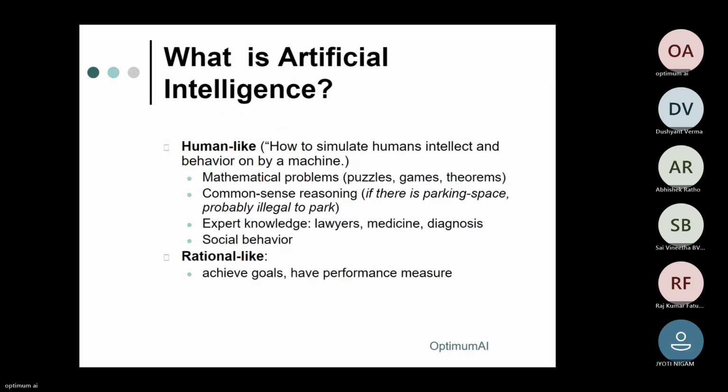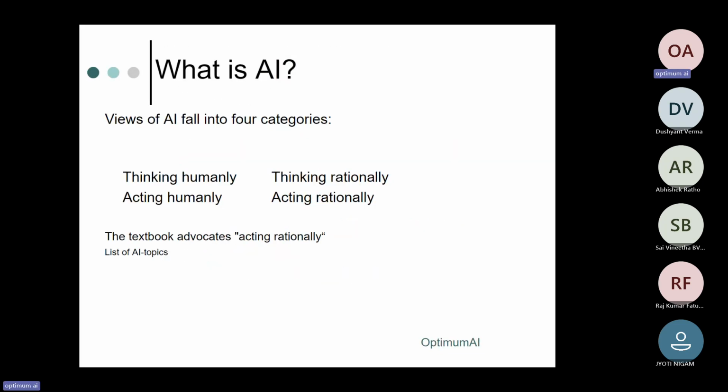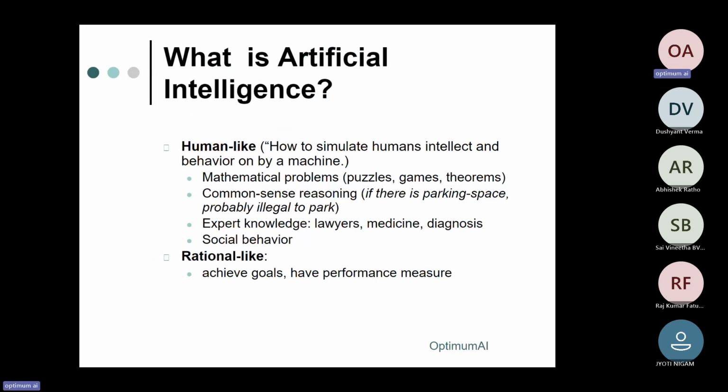So what is the first one? Thinking humanly. What is human like? We are able to work on a given task and achieve a given goal, whatever it may be. Whenever you wake up in the morning, you brush, have your breakfast, and go to your office, and then there will be a set of problems given to you.